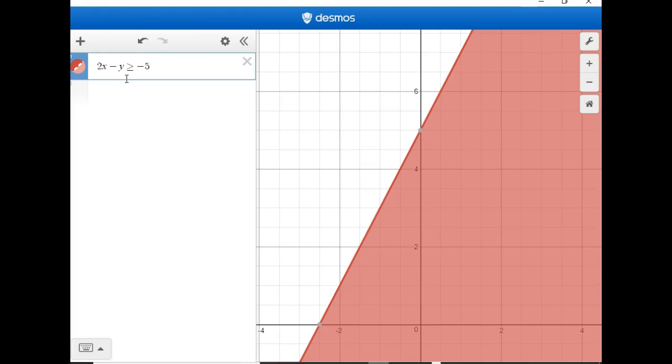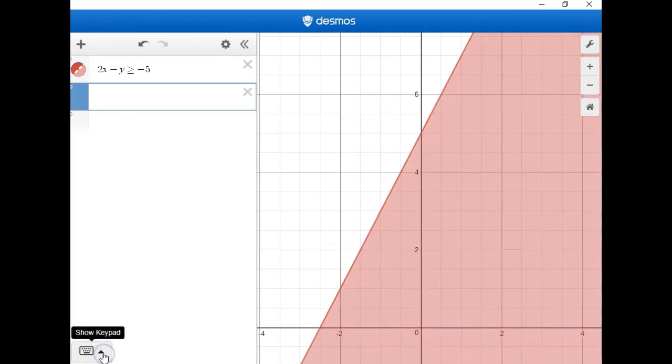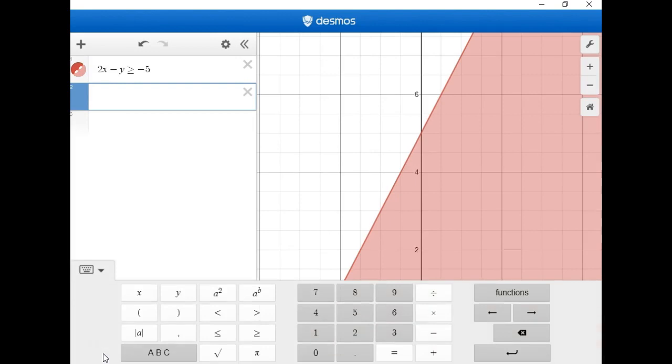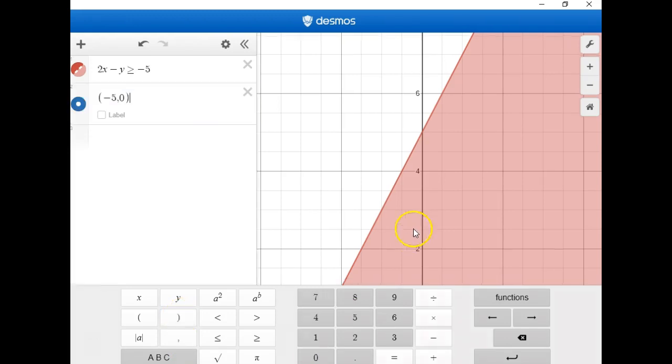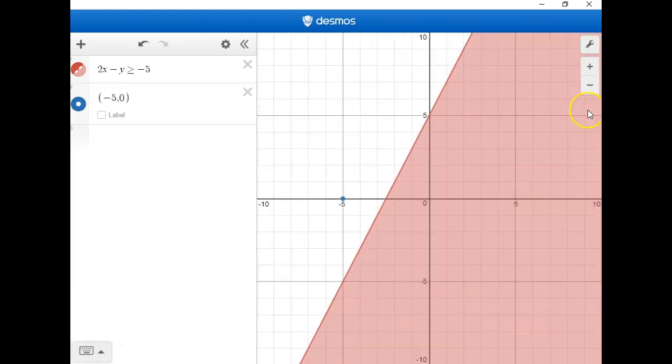But here's the graph. And then your options are the points. Your options are the points -5, 0, so look at your graph. Is -5, 0 in the shaded area?